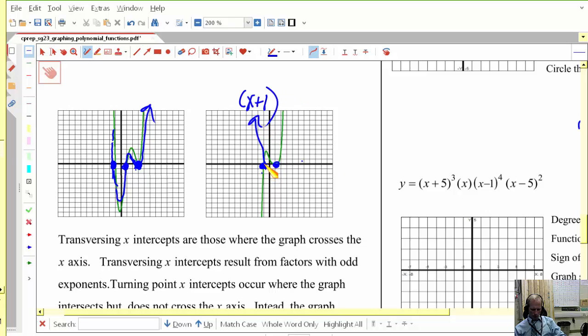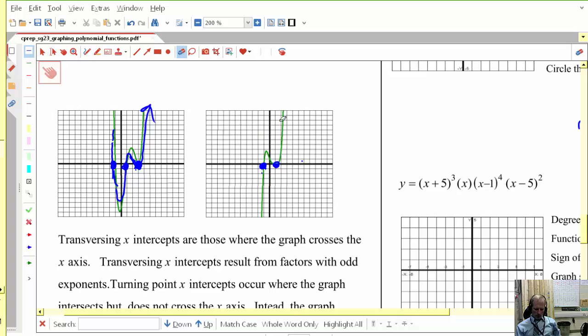And remember, you reverse the sign of the number when you're going from the x-coordinate to the factor associated with it. And then the other point would be x minus 1. So we would know that this exponent would have to be either 2, 4, 6, or 8. This exponent would have to be an odd number, either 1, 3, 5, 7, and so on.